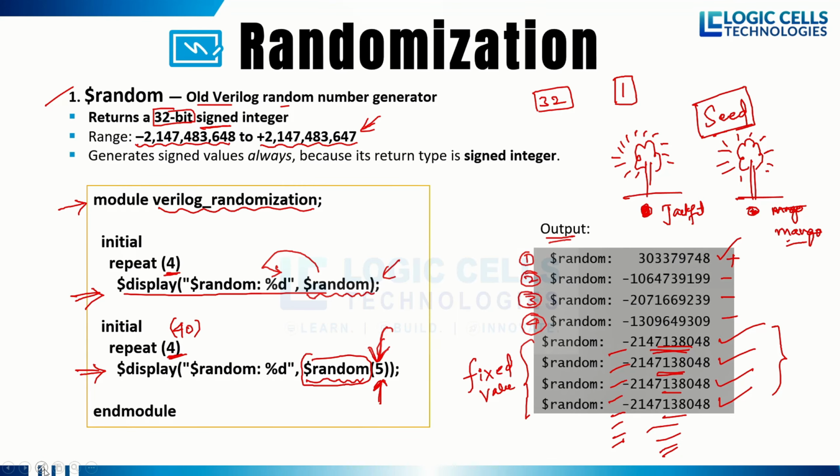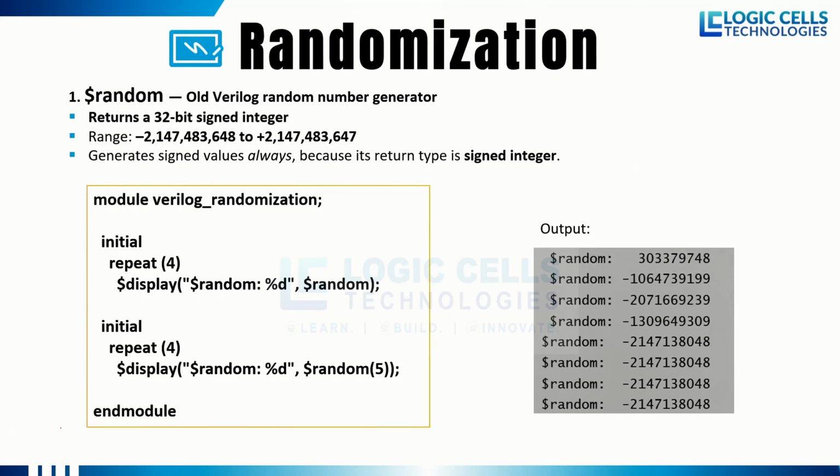This is one concept which will be very helpful in verification. Why? Let's say we are running one test case 10 times, and all 10 times we are randomly generating some data. We will always be randomizing the data. Out of these 10 test cases, 9 times you will get a pass result.